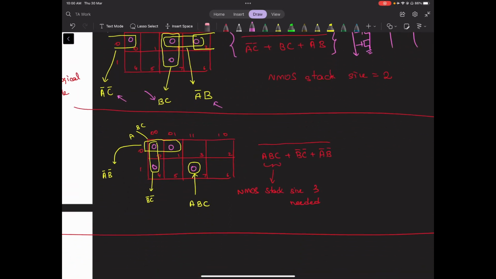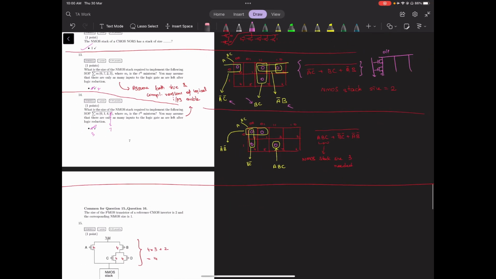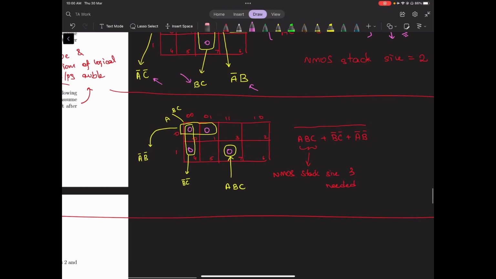For question number 14, it's the same thing. We are given a min-term expression, a sum of product expression in min-terms, a complement expression. So you put the K-map, get the minimized sum of product expression, again in complement terms, and you'll see that this one product term will lead to a stack size of 3.